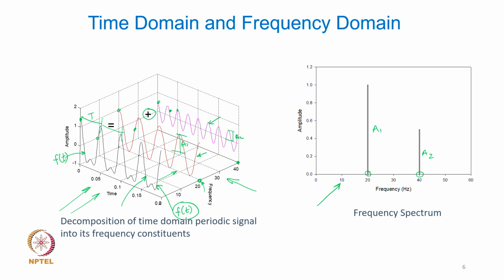They are equivalent, and you can convert from one to another using a mathematical operation. Now, what is the relevance of discussing all of this is that the moment I can decompose this signal into its component harmonic constituents.